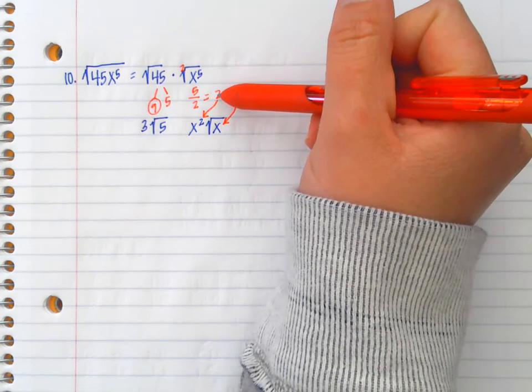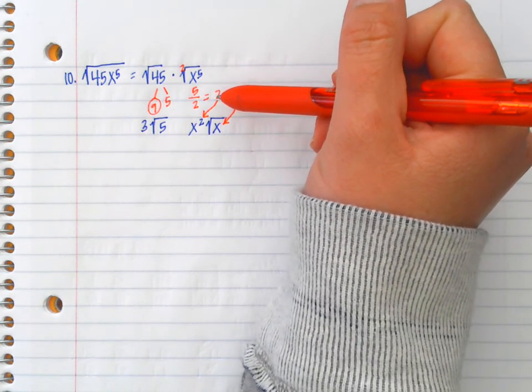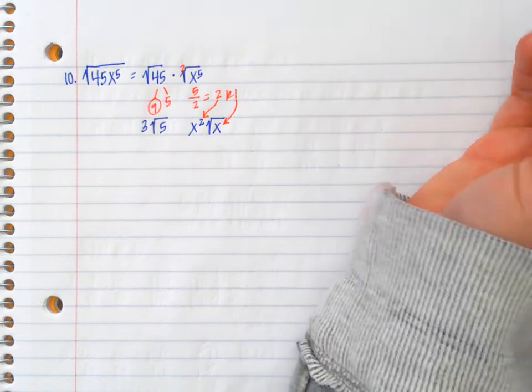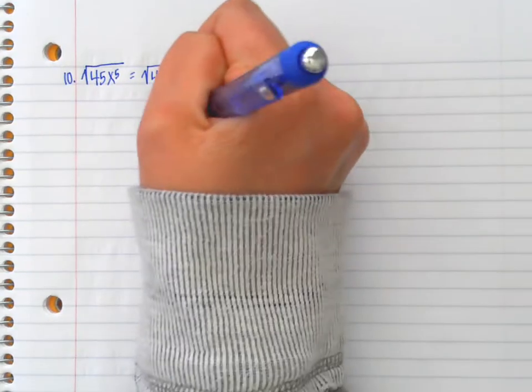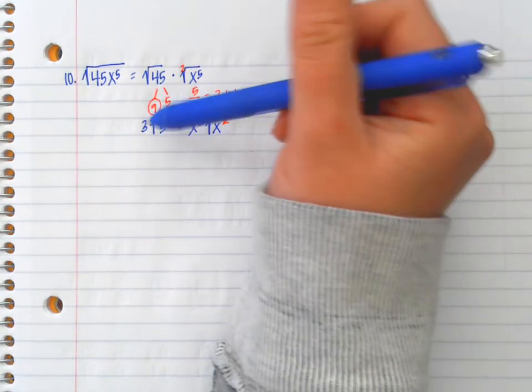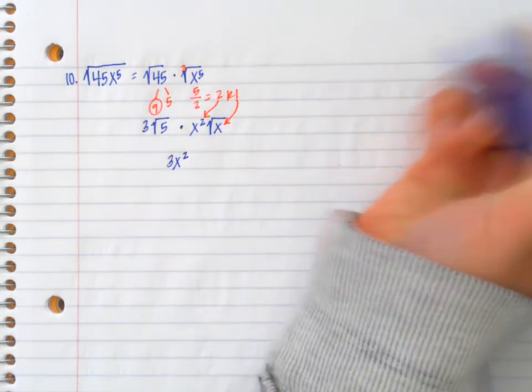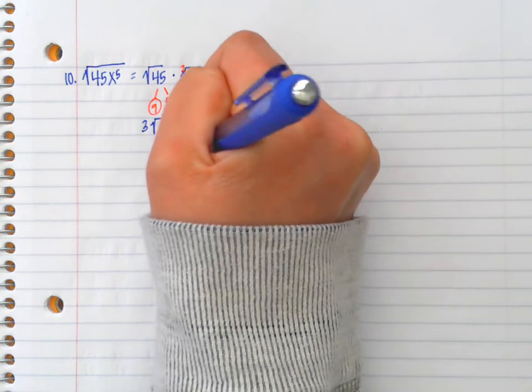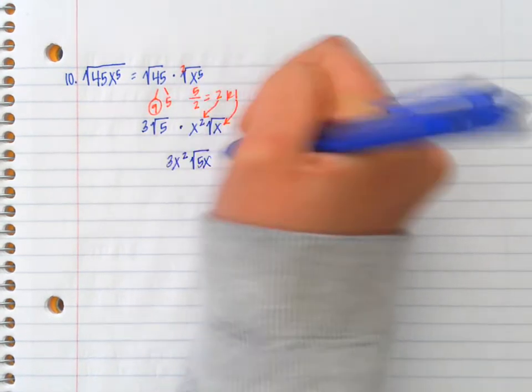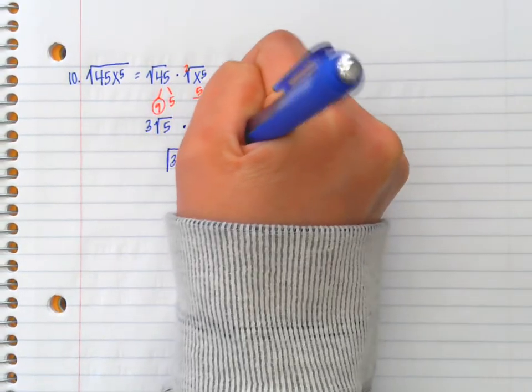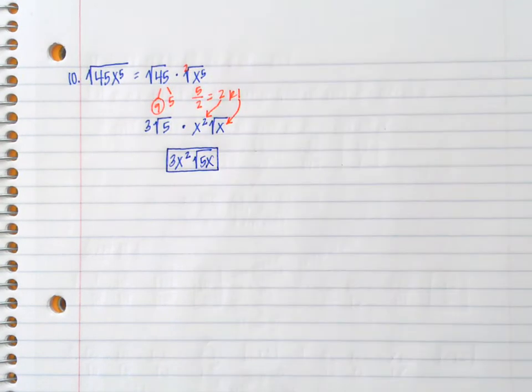The 2, the number that goes in evenly, is the exponent. And then we combine what's on the outside, both 3 and x squared, and combine the inside. So 3x squared rad 5x. And that's my answer.